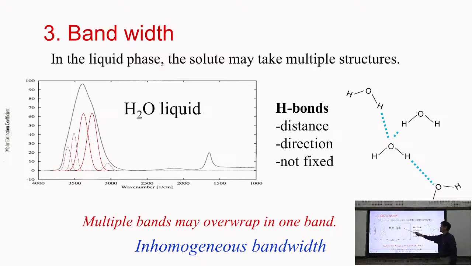So in the case of H2O liquid, it forms hydrogen bonding, and the distance between oxygen and hydrogen, and the direction of approaching of hydrogen with respect to the counterpart of OH stretching is various, and it dynamically changes, not fixed. Accordingly, we find many peaks corresponding to different force constants. Okay, I don't know how many there are.